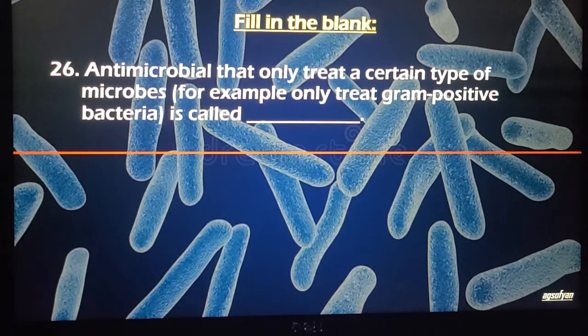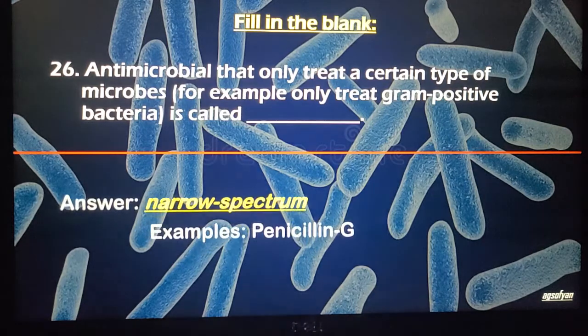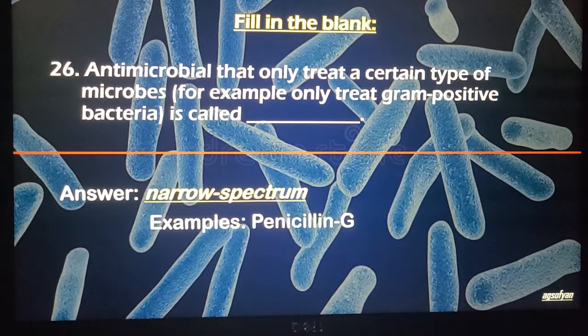Fill in the blank. Number 26. Antimicrobial that only treat a certain type of microbe, for example, only treat gram-positive bacteria, is called. Write your answer. Yeah, because it is very narrow.